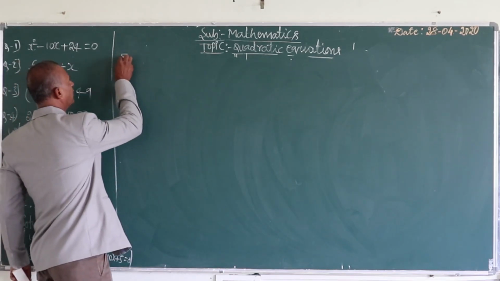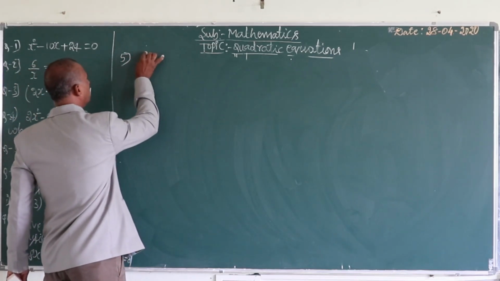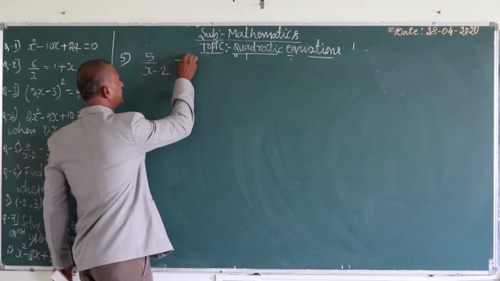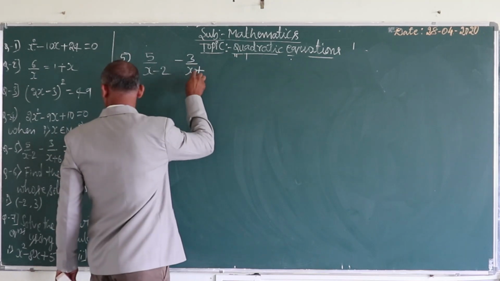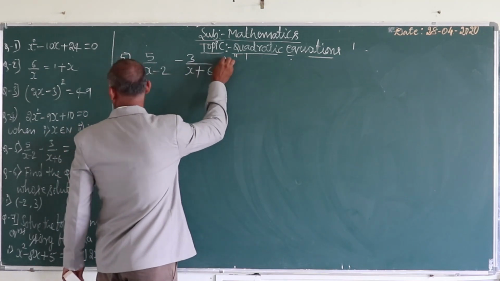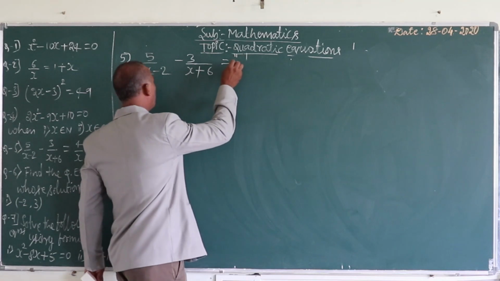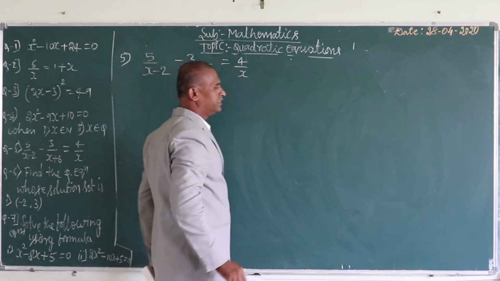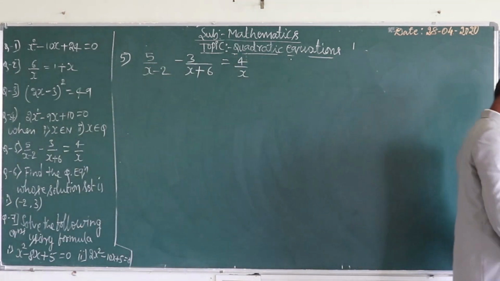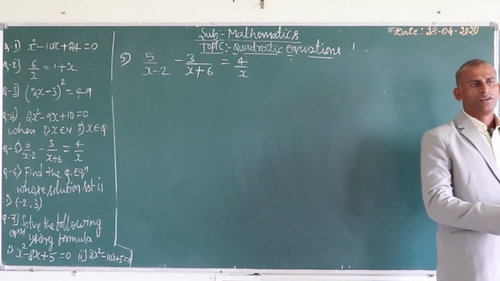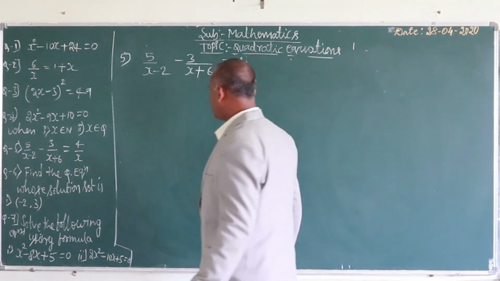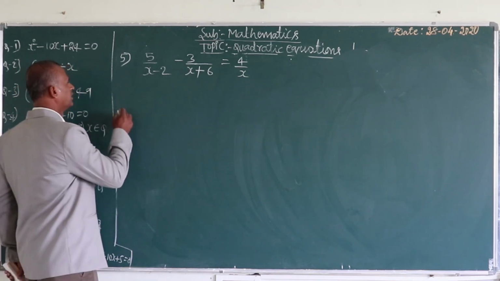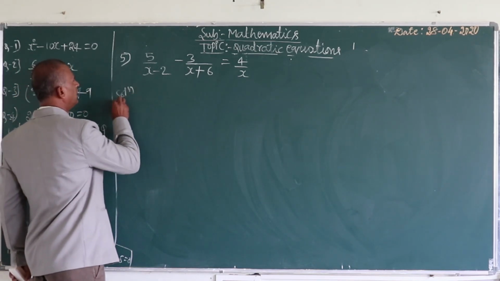Fifth one, question number 5. x minus 2 minus 3 by x plus 6 is equal to 4 by x. This is the question. Now for this we will first take the LCM. What is LCM?